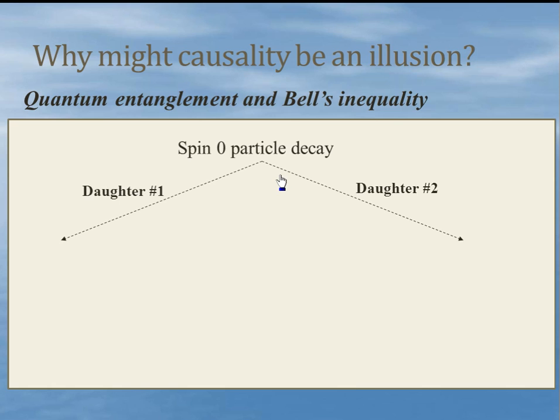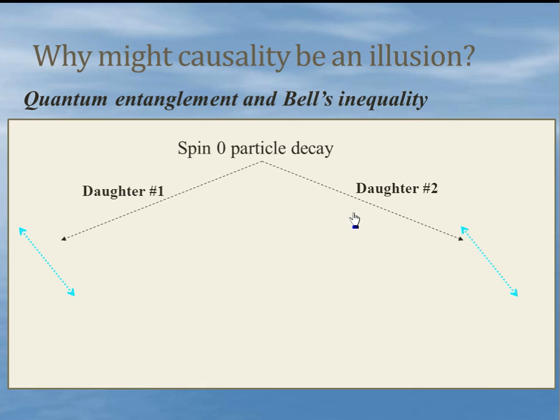Now, when a spin 0 particle decays into two daughter particles, suppose that these two particles go off in opposite directions, as they must because of conservation of momentum. Suppose we measure the spin of each of these daughter particles.